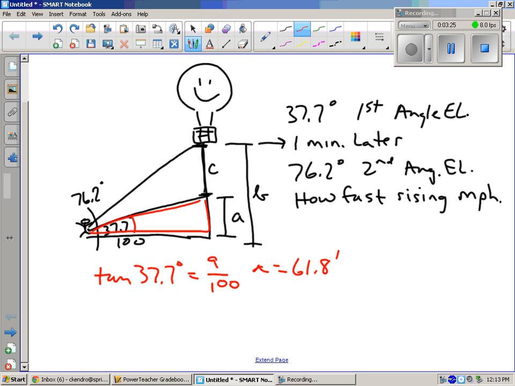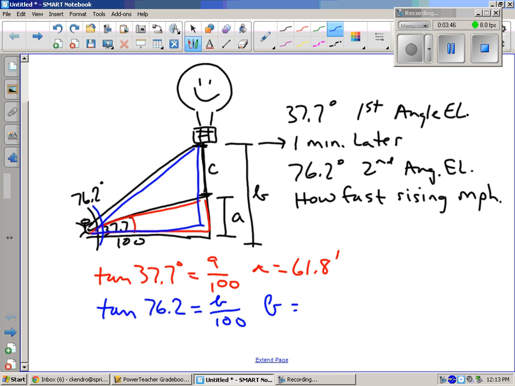Then the next part, we'll do a blue triangle, this large one. Across from the 76.2 angle, we have B and we have 100. So it's still tangent of 76.2 equals B over 100. And I got B to be 407.1 feet.